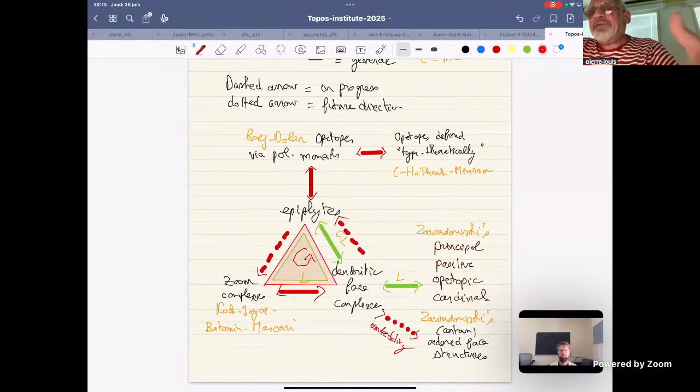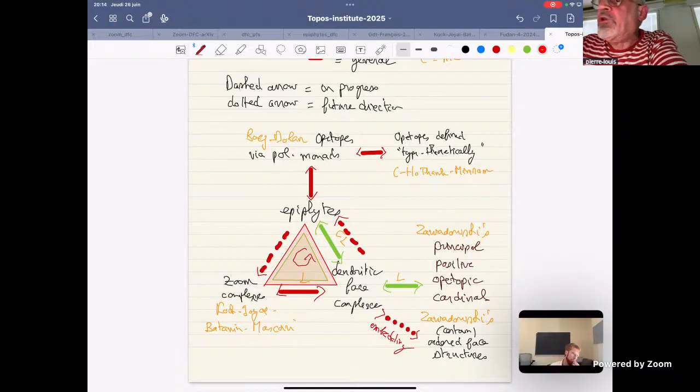But of course, I will also have to introduce zoom complexes. And the interesting thing is that the ones called dendritic phase complexes are very nicely related to the work of Marek Zawadowski. Louise has written 3 drafts, and one of her drafts is now published, and it makes the connection very precise between the setting of what we call here dendritic phase complexes and Zawadowski's setting, which is principal positive opetopic cardinals.